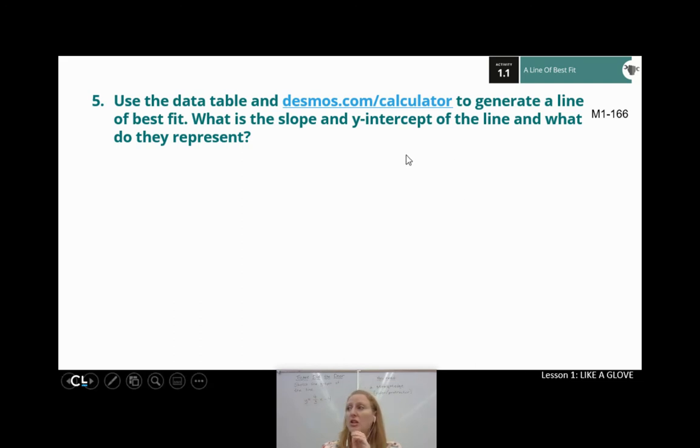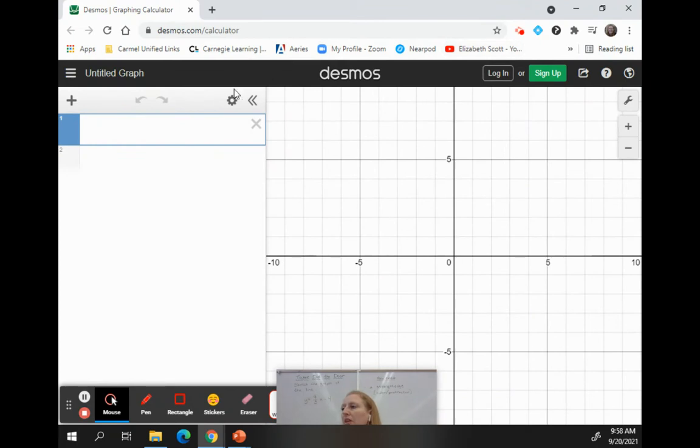So the first thing you're going to do when you get to Desmos is you're going to make a table. So if you come over here to desmos.com/calculator, hang on, I'm going to pop that up there. I'm going to make a table. So I'm going to hit plus. And look, when I hit plus, it says table, and I'm going to put a table there. So you're going to fill in the table from before.